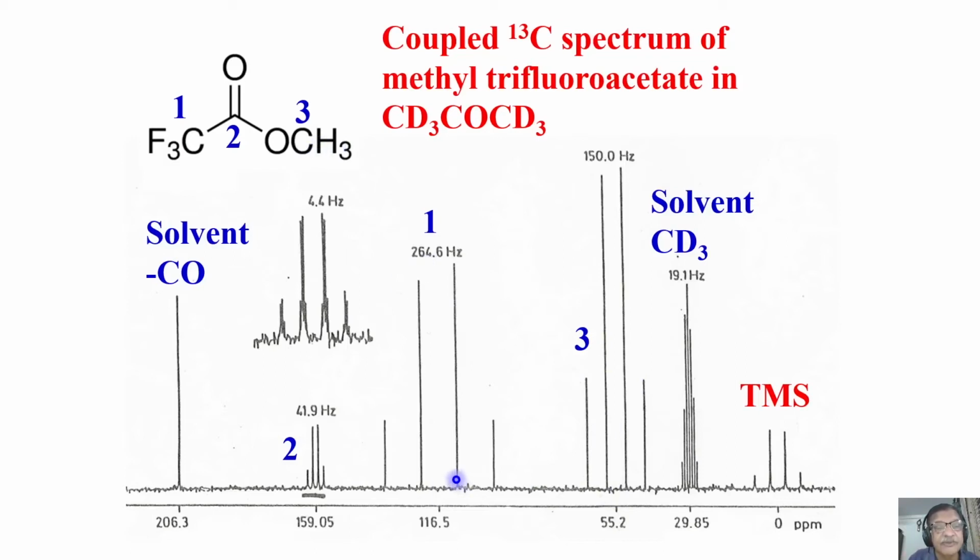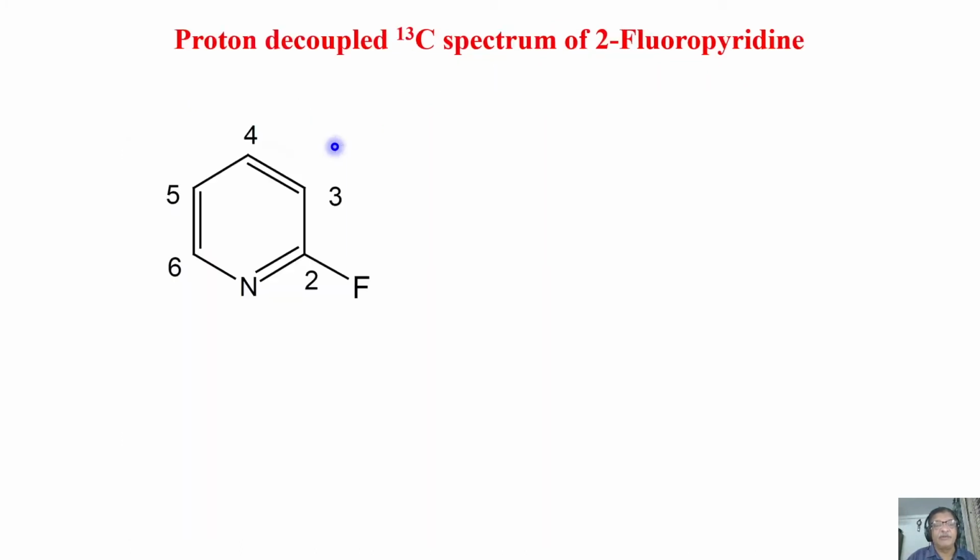We do not know. This also tells me about the long range coupling of this carbonyl carbon with these three protons. So these are all advantages. Sometimes to identify particular carbons, we can make use of the coupled spectrum. All this information we can obtain.